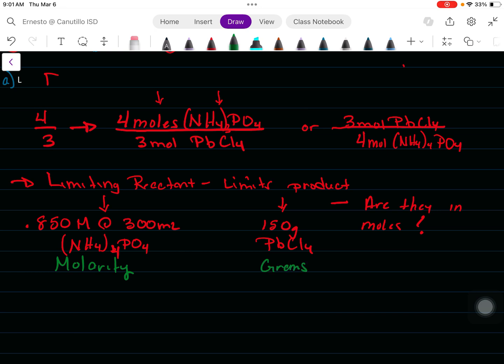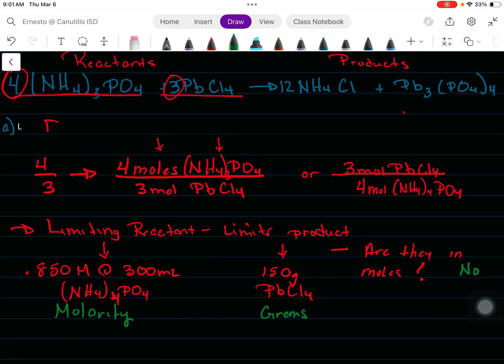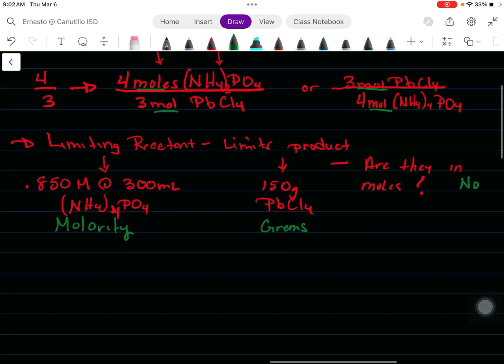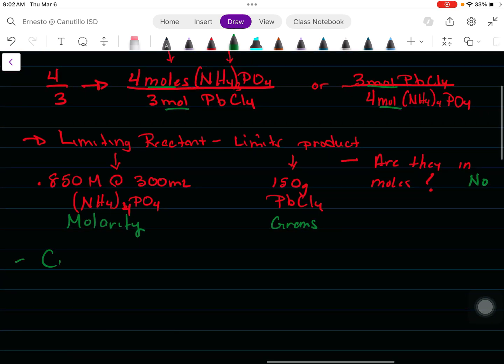What I don't have is moles. So the answer to this question is no, I don't have moles. Now, why is that a problem? Well, if you take a look at the mole ratios, all of these are in moles. We use the mole ratio to cancel one unit and convert to another. So if we don't have moles, then we can't use the mole ratio. So the next step is to convert all values to moles.